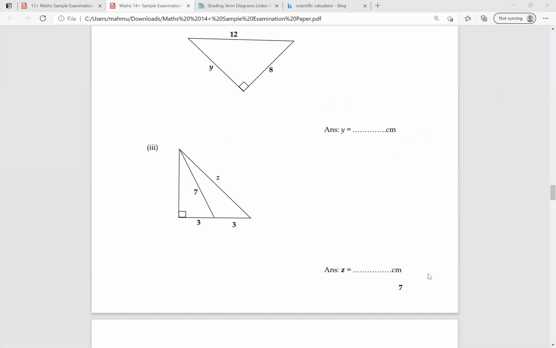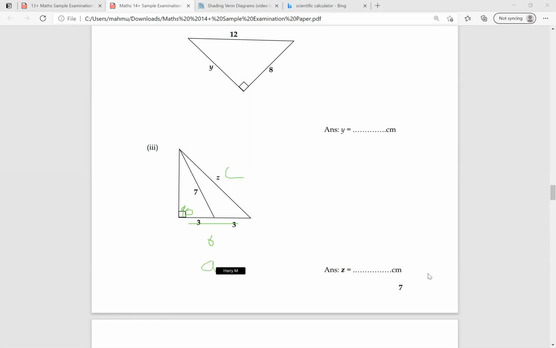Okay, so find Z. How will you find Z? So to find Z, the first thing you should find is the size of B. So you know A. Wait, so C is this one.